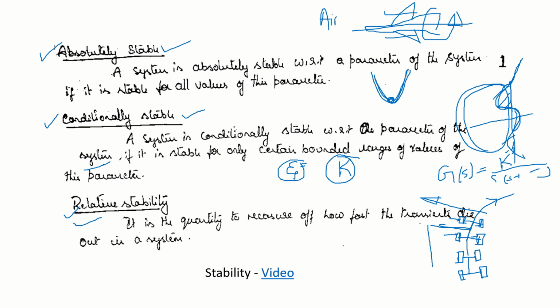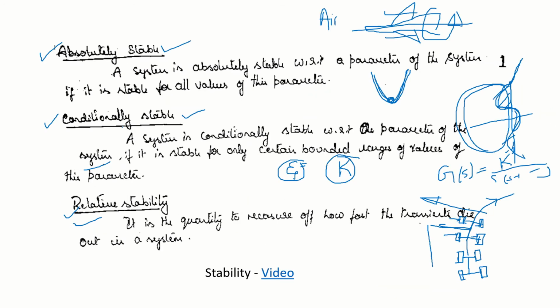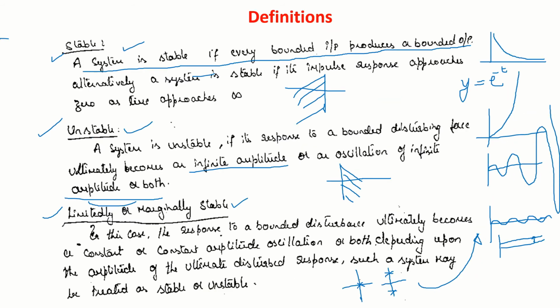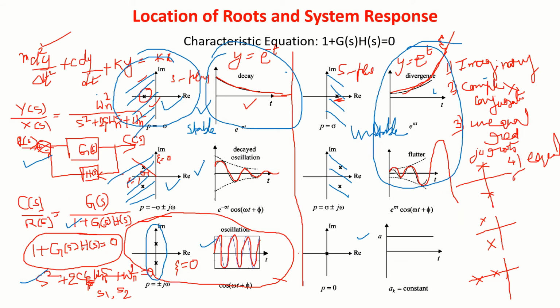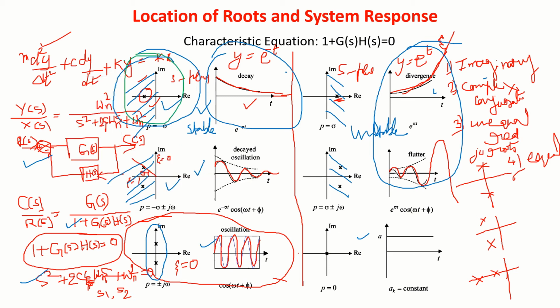So for the time being, you understand the definition of stability. I hope you have got what is meant by stable, unstable, limitedly or marginally stable, absolutely stable, and conditionally stable system. Correct? I told you very clearly, if the roots lie on the left hand side of the S plane, like what I have done here, the system will be stable.